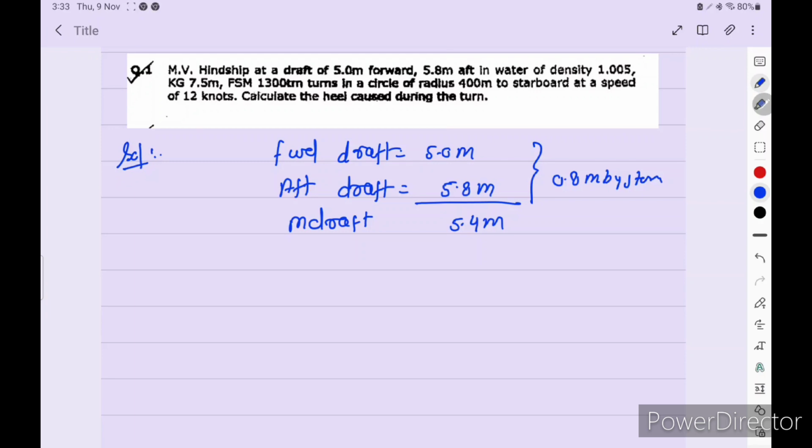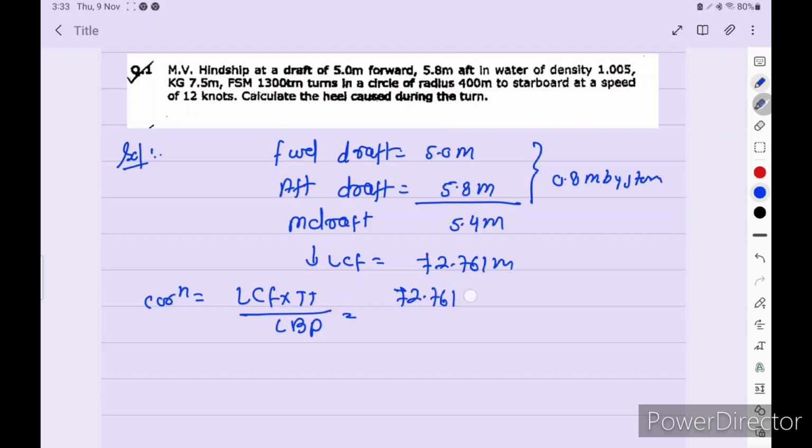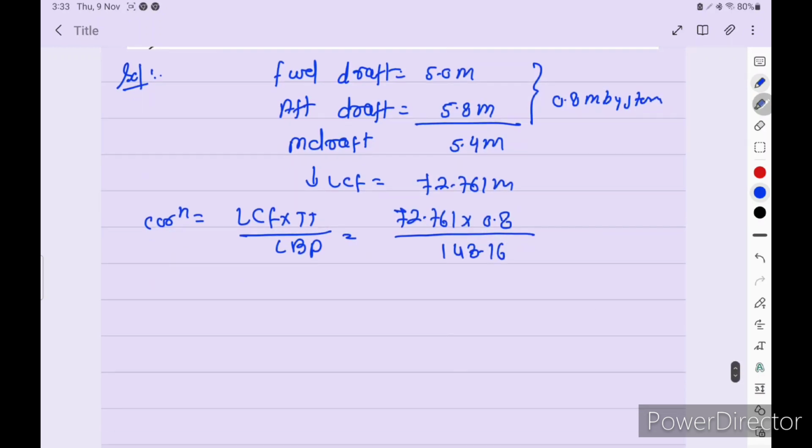So for main draft 5.4 meter, we find the LCF: 72.761 meter from the MV Hinchey particulars. Correction, the formula is LCF into total trim divided by LBP.